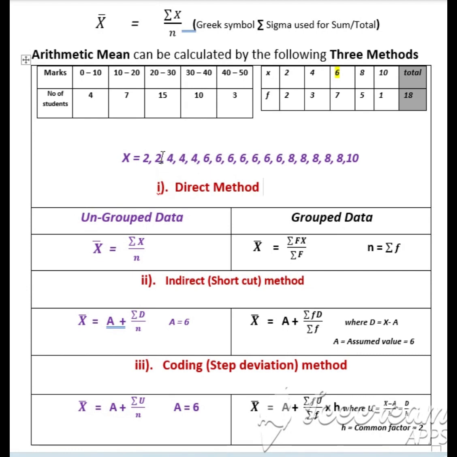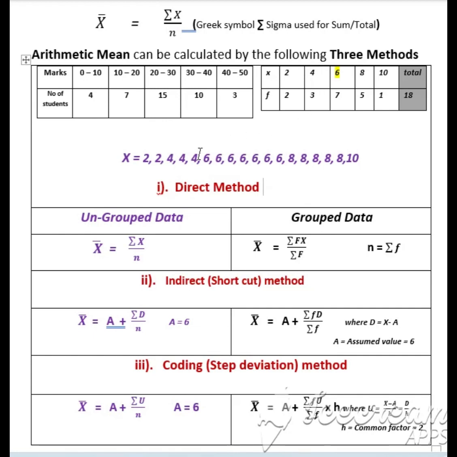So the ungrouped data you can write as group data. For example, in this data x, 2 is repeated 2 times. So write 2, and f means frequency, how many times the number is repeated. So 2 is repeated 2 times. Now 4 is 3 times.